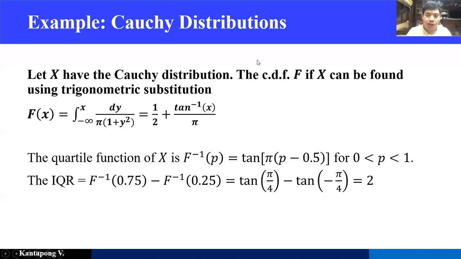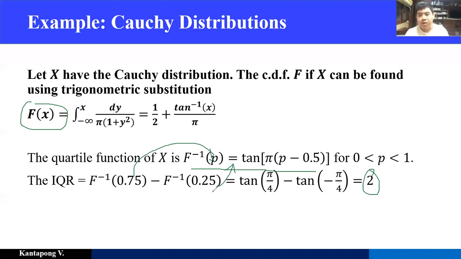It's the arctan. Then we find the inverse, plug in 0.75 and 0.25, and we get 2. That could characterize the spread too, in case the mean and the variance are not defined. If you want to characterize the spread, this one is a good option too.